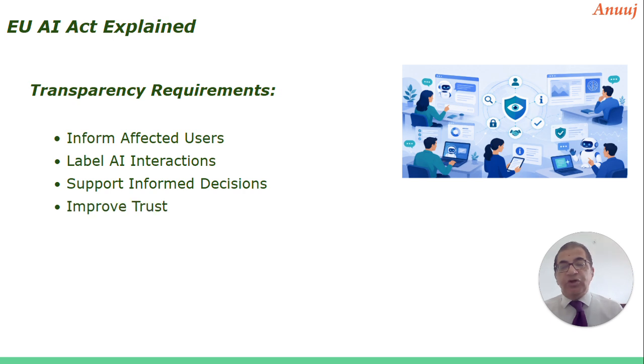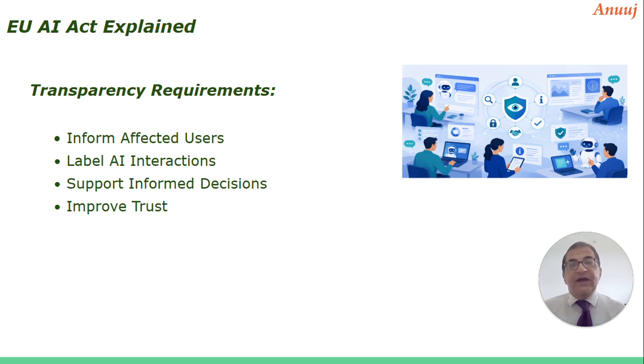Transparency requirement: you should inform the affected users if you believe that there is some issue with the way artificial intelligence is working in your organization. You should label the interactions that have happened with respect to artificial intelligence. You should support only informed decisions. Why? It forces you to take decisions knowing that you are living with a risk.